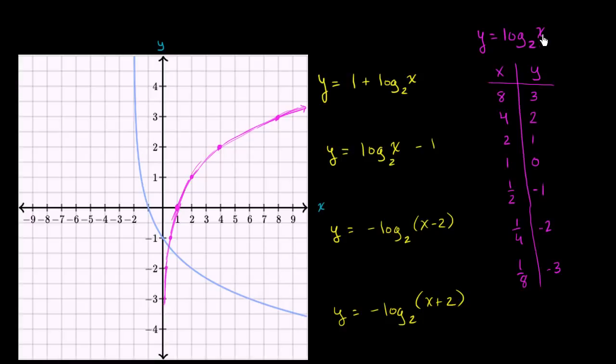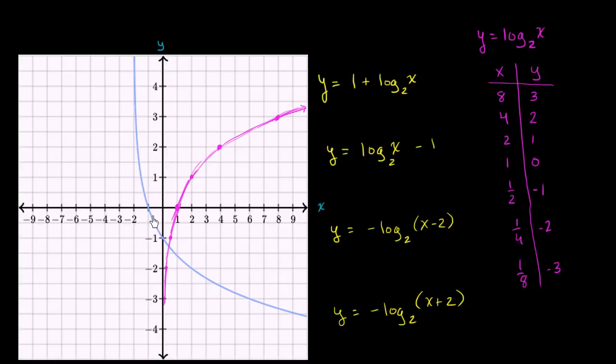If you put an actual 0 right over here, what power would you have to raise 2 to get to 0? Well, you can't. You could get close to 0 by raising 2 to a very negative value. And this is not going to be defined for non-positive x's. So that's why we have it not defined for anything less than or equal to 0. This domain is only for positive x's. So that's log base 2 of x.